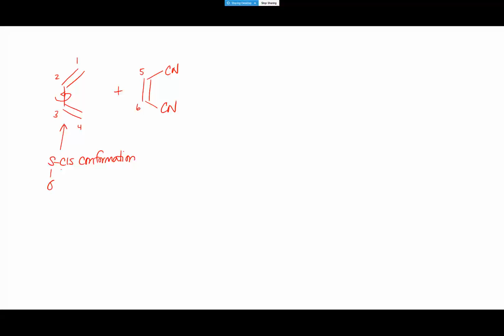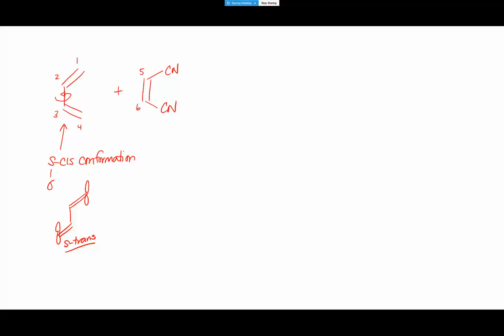Because if it's not in that U shape, the orbitals on carbons 1 and 4 will not be at the perfect distance to overlap with the alkene. So this would be an s-cis conformation. This would be an s-trans conformation. In the s-trans conformation, these 2 ends of the molecule are too far away to plop down on top of the alkene.